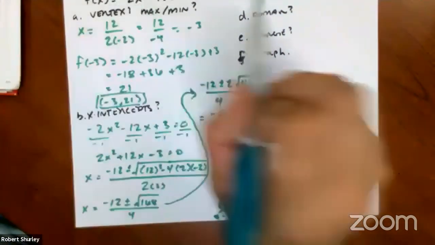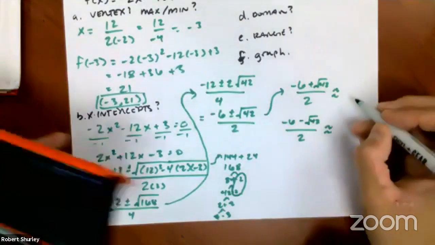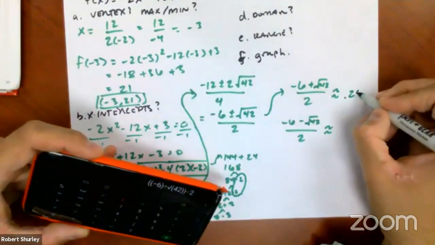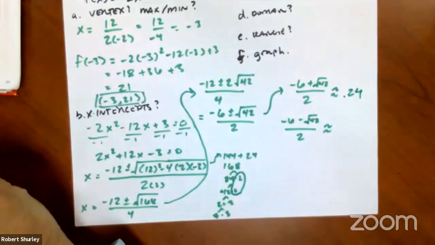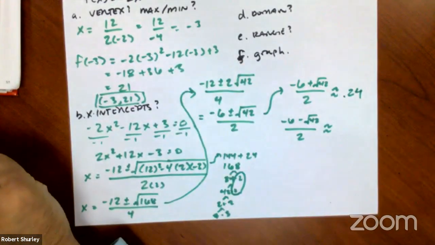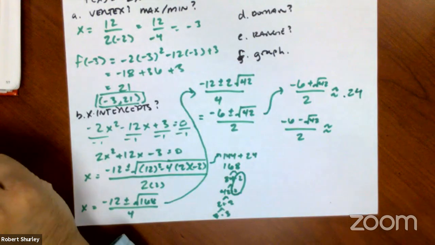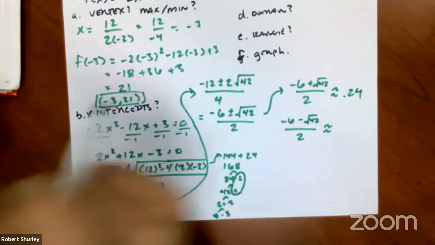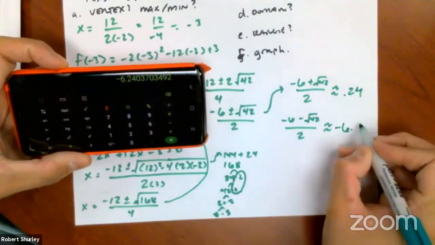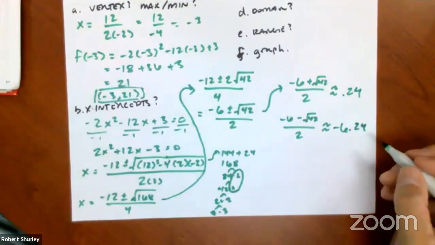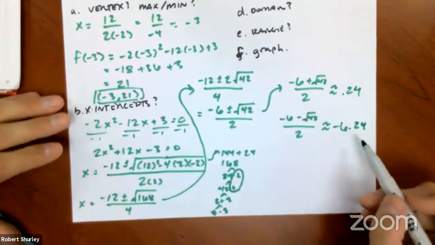I got 0.24-ish. I mean, you guys can see, I'm just putting this into my little scientific calculator on my phone. And then let's go back and make that a minus. Minus, I got negative 6.24. 0.24, okay? So that's my two x-intercepts.